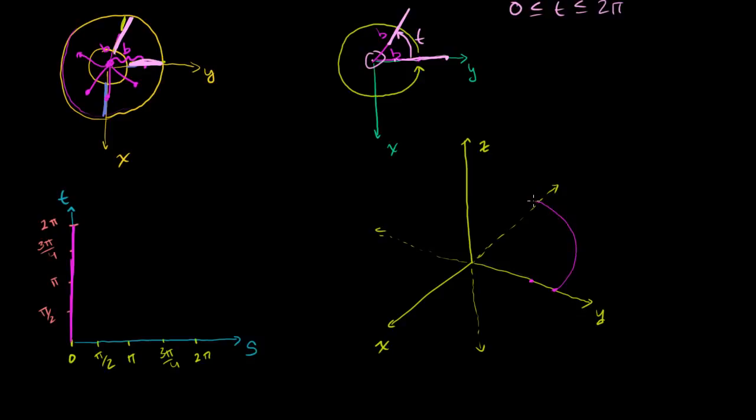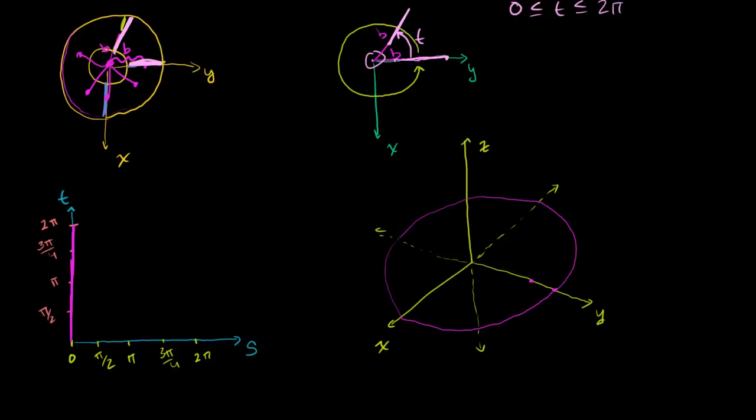This is t is equal to 2 pi. That's t is equal to pi. This is t is equal to 3 pi over 2, all the way back to t is equal to 2 pi. This line corresponds to that line as we increase t and hold s constant at 0.